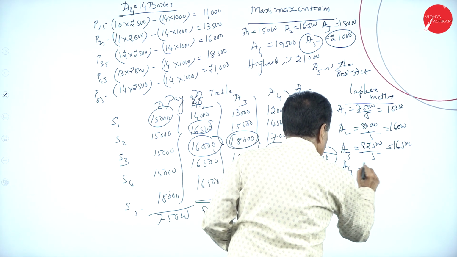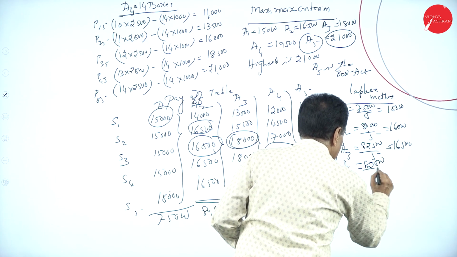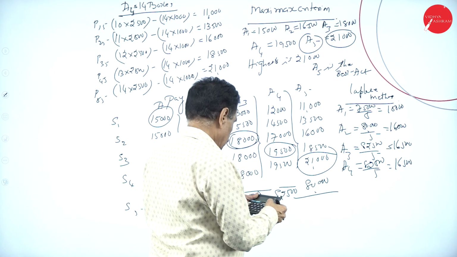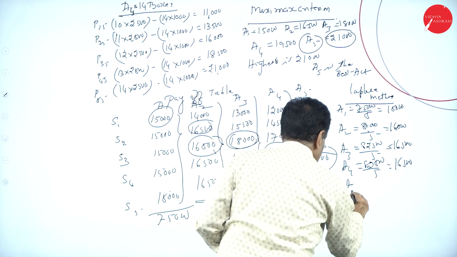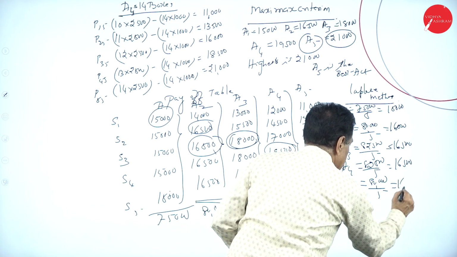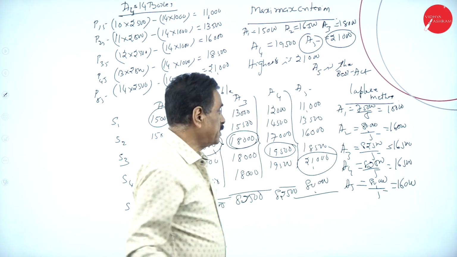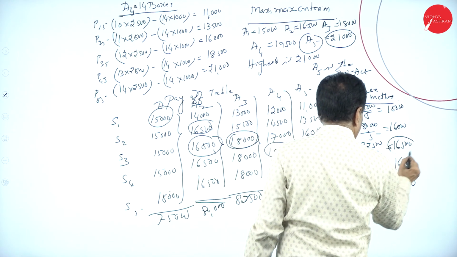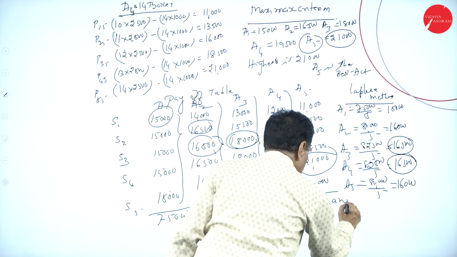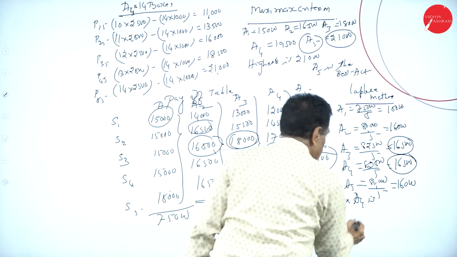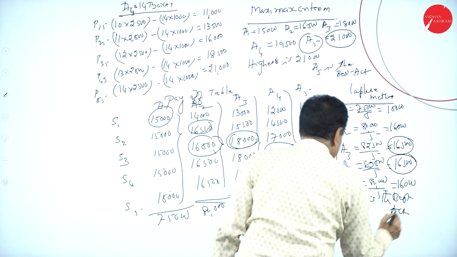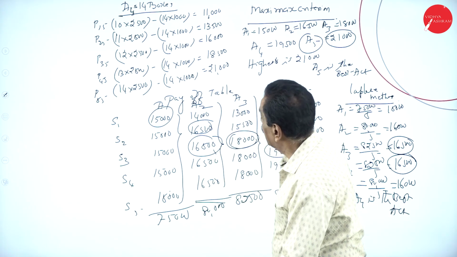A4: 82,500 divided by 5, 16,500. A5: 80,000 divided by 5, 16,000. Which is the highest one? 16,500. So A3 and A4 are the best acts. So add and divide.